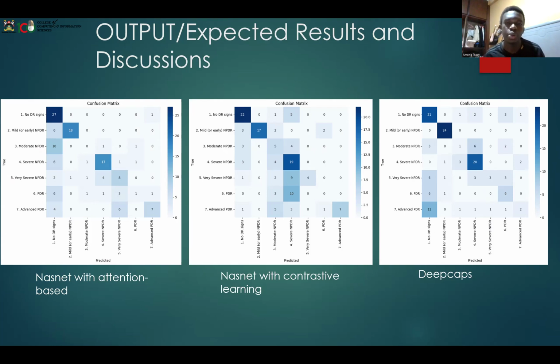We need a model that is able to perform very well in the first 3 or 4 stages. But as you can see, the other stages were also important. The NASNet with contrastive learning didn't perform so well towards the end, the last 3 stages. All these models had a problem there, but they were able to predict the first 2 stages well.